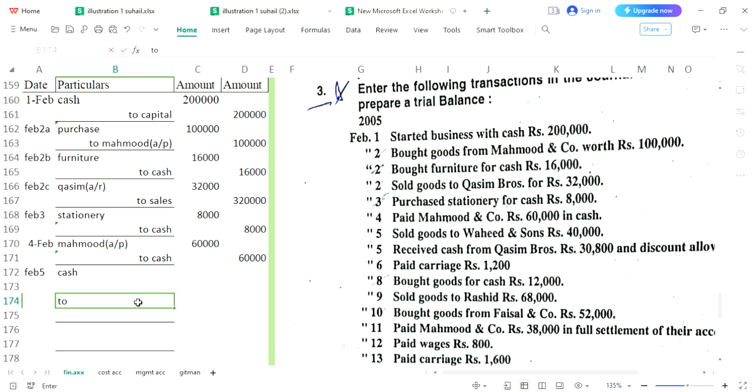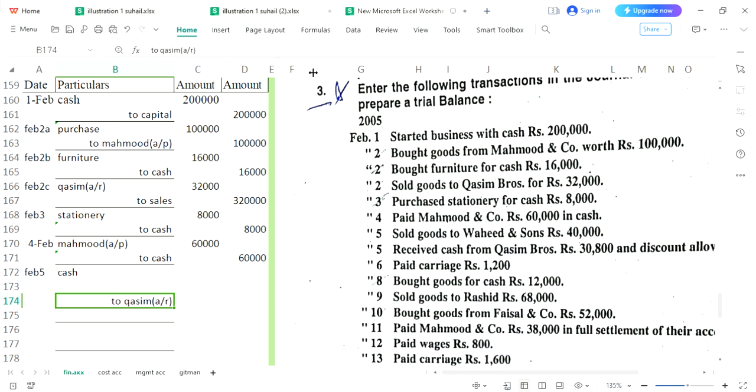So you will mention the name of Qasim on the credit side. Although he was your account receivable, and account receivables are assets, and assets should be mentioned on the debit side, why are we mentioning account receivable on the credit side? What could be the reason?